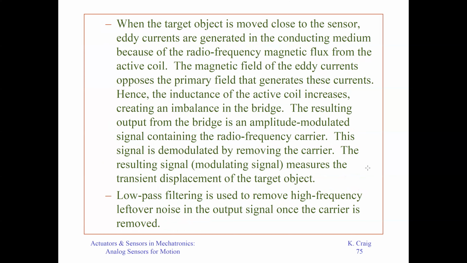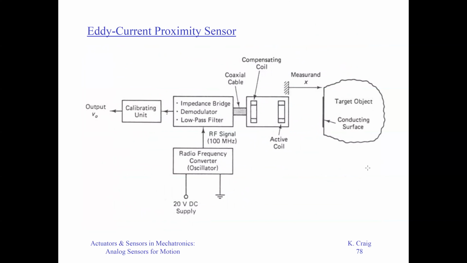So let's see on a figure here. This is called an eddy current proximity sensor. Again, you can design it like a head, attached to the moving parts. Say for example, you have a target object here. You put a conducting surface, metallic. In here you have an active coil and a coaxial cable. Then you have a high frequency radio frequency converter.